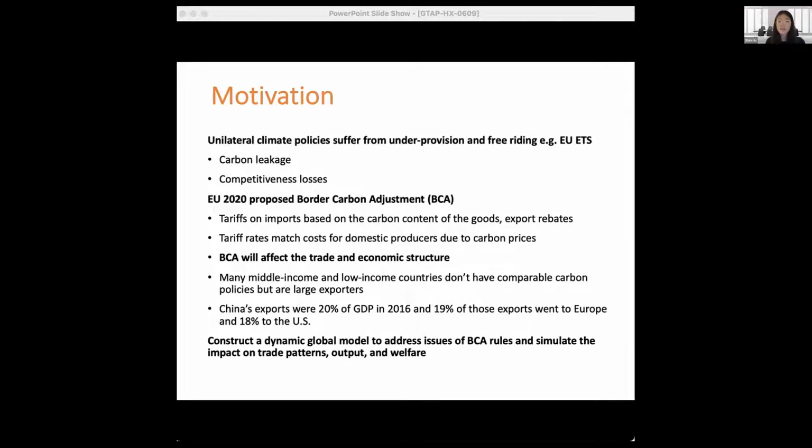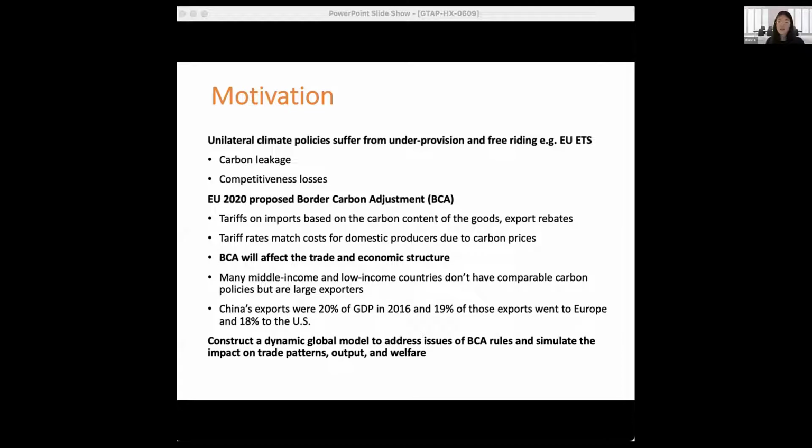So in the last 2 years, the EU Commission has come out with proposals to implement border carbon adjustment. Basically, it means a tariff on imports based on the carbon content of the goods, and sometimes it includes export rebates.